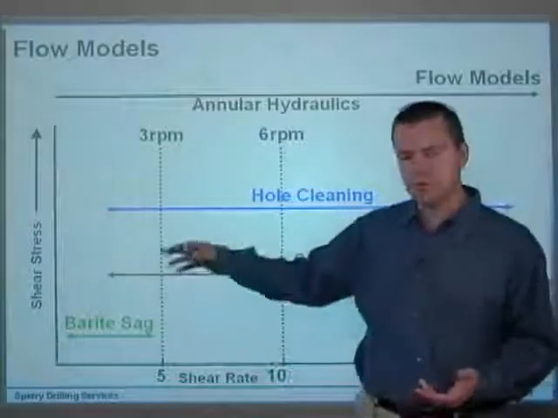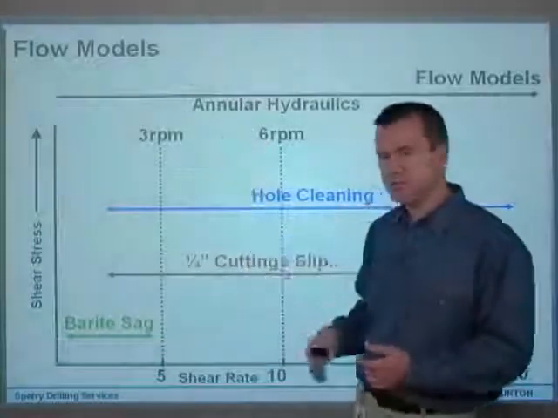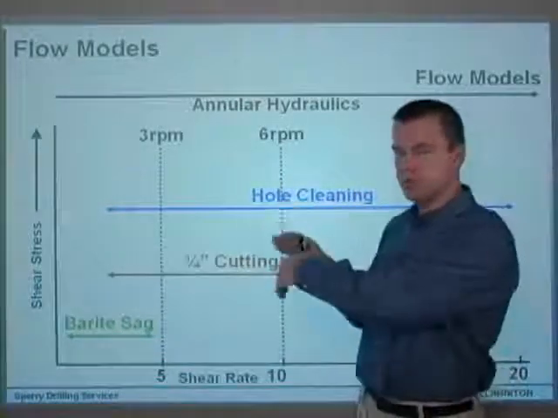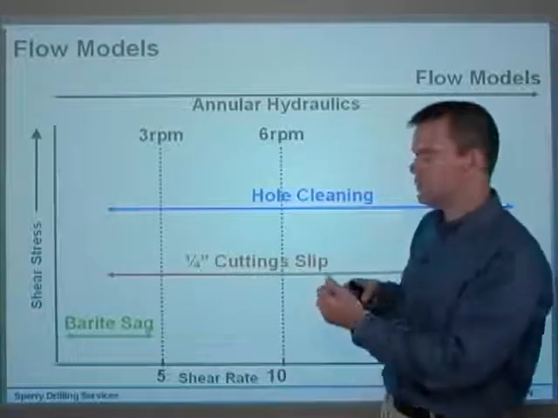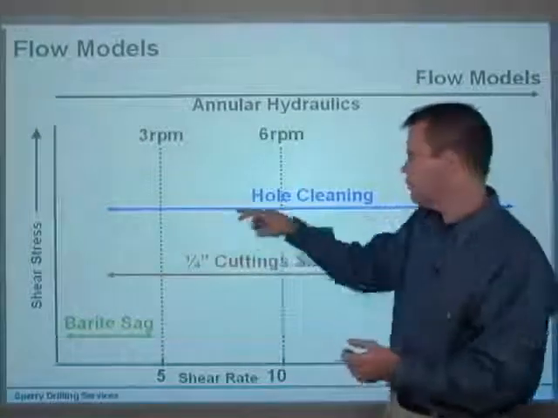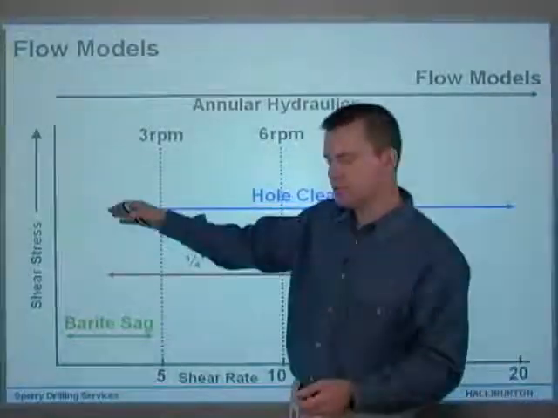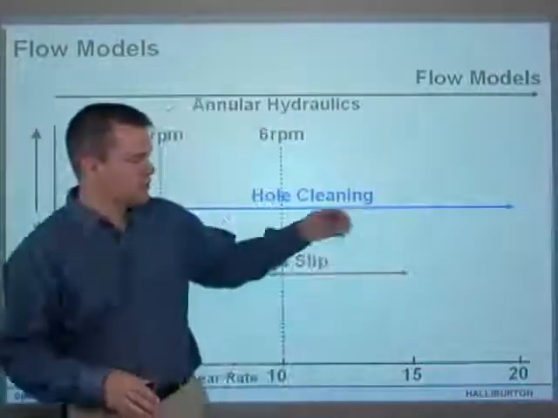That relates to your RPM readings on your fann rheometer of 3 and 6. So your 3 and 6 RPM readings, your theta 3 and your theta 6, would describe your annular hydraulics. And the hole cleaning is described pretty much across the board from down here, sort of 2.5 up to 20.